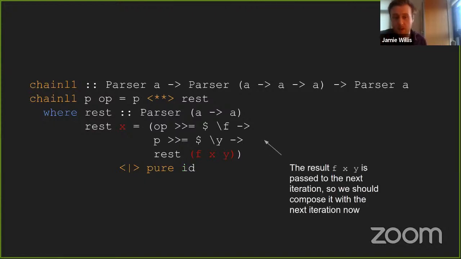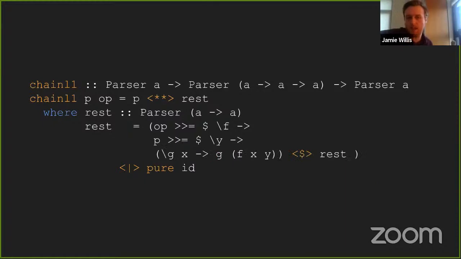And we can do that by building a function. So we know that rest is going to return a function g now. Here it is. And we're going to build a function that, given the x, which comes from the left, so that's the left associated bit, we're going to apply g to the result of f of xy. So we're going to do this left associated bit and pass it on to the future.